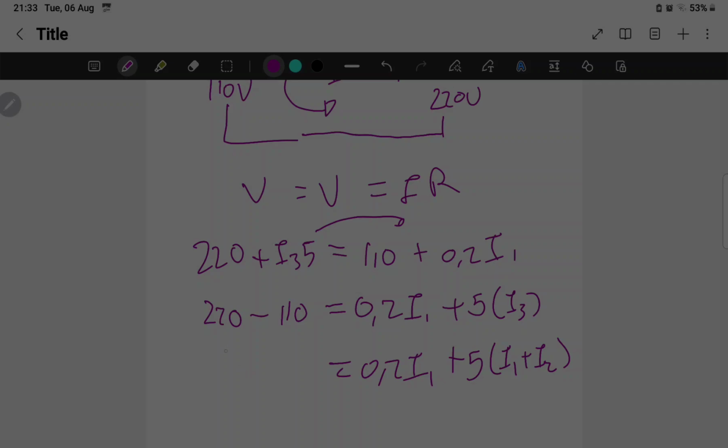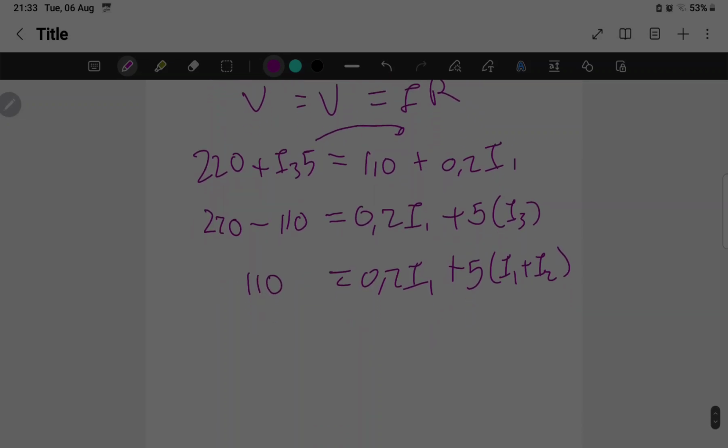So over here we have 220 minus 110 equals 110, and then our equation is going to be 110 is equal to, let me just get a calculator quick, negative, so we have 0.2 minus 5 equals negative 4.8 I1, and then we have negative 5 I2.